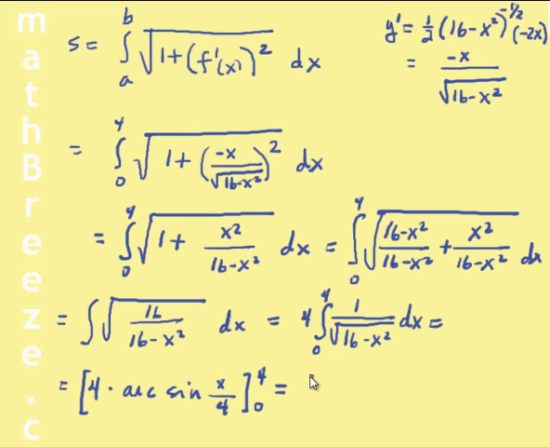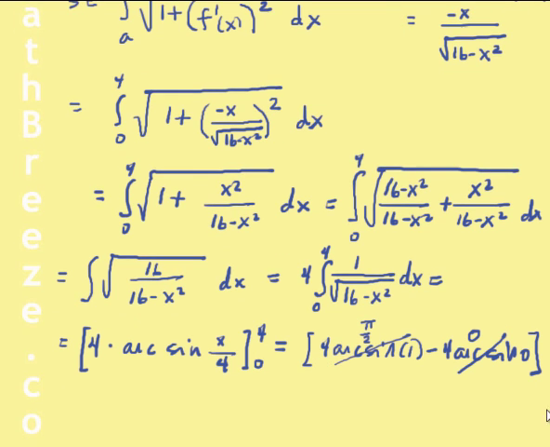So we have 4 arcsine 1 minus 4 arcsine 0. This is 0. Arcsine of 1 is pi over 2. So let's multiply 4 times pi over 2, and we have 2 pi.